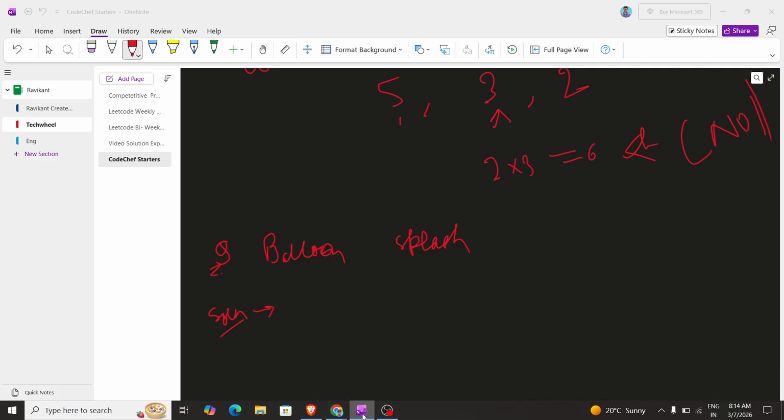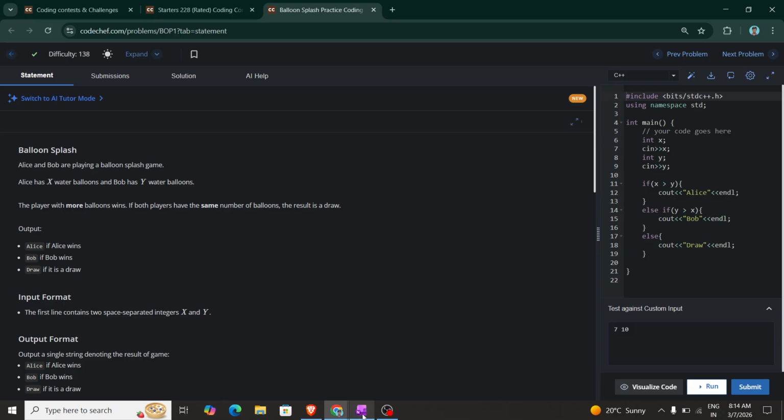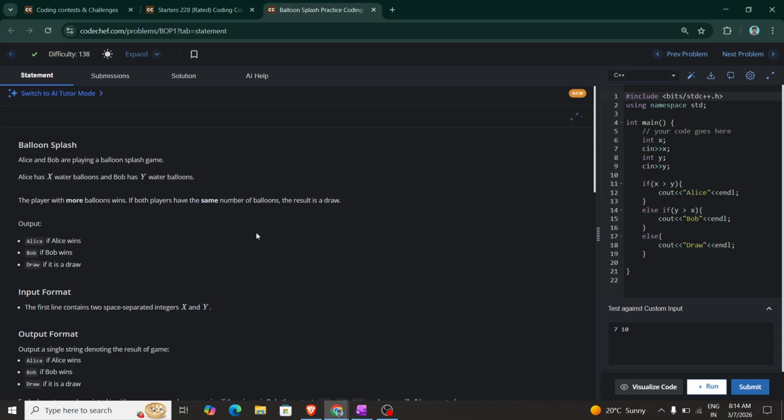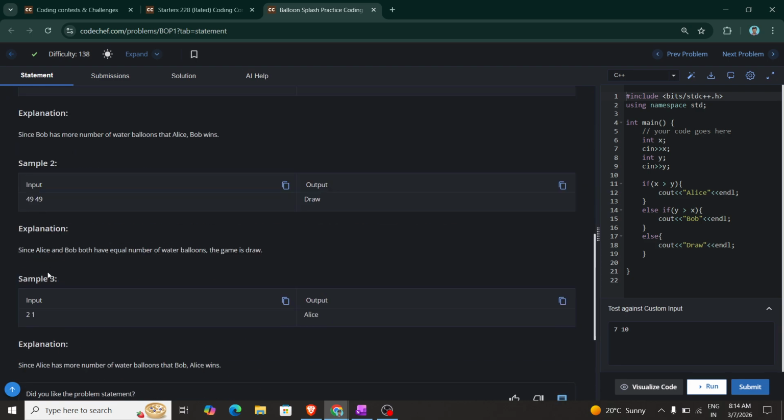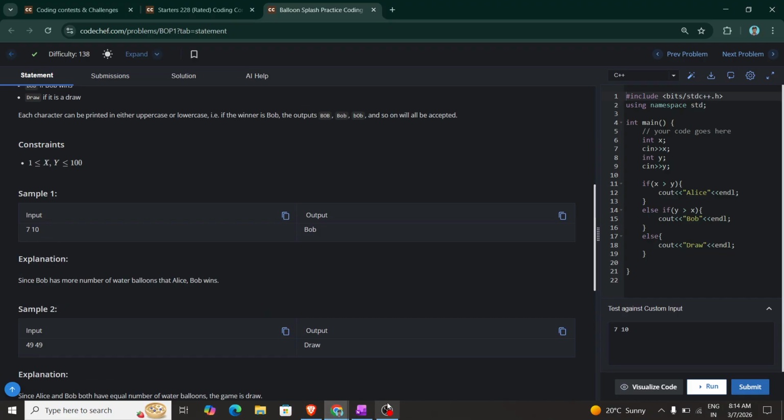Let's see the test cases. Suppose Alice has 7 water balloons and Bob has 10 water balloons.